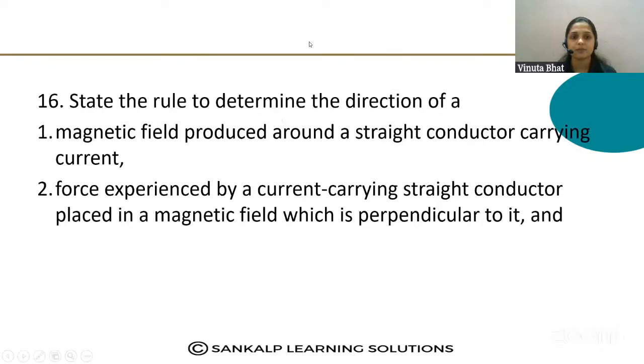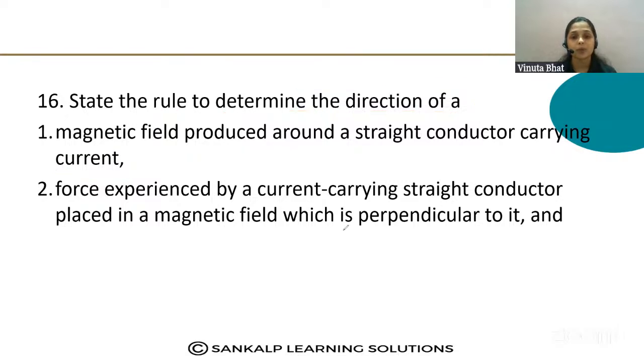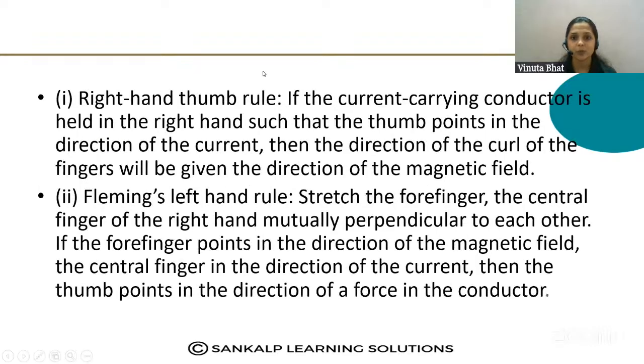Next question. State the rule to determine the direction of a magnetic field produced around a straight conductor carrying current. The magnetic field produced around a straight current carrying conductor is given by the right hand thumb rule.